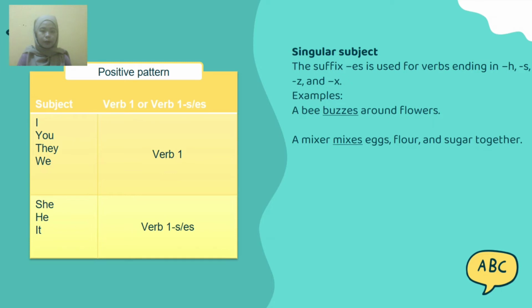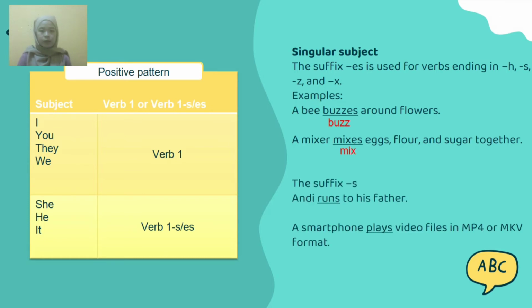If the subject in the sentence is singular, you can make a simple present tense with the formula subject plus verb 1 with s or es. As for other verbs that have an ending letter other than h, s, z, and x, please add the suffix s.